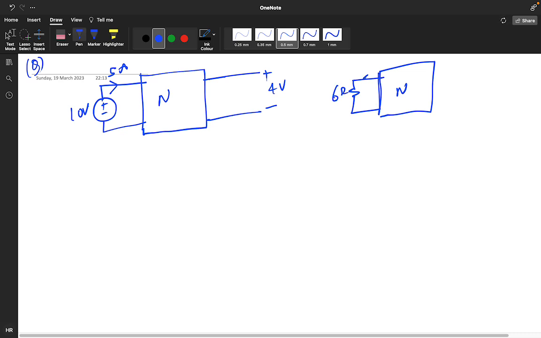You have a 6 ohm, this is 6 ohm. This particular I you need to find when you have a current of 10 ampere. So how will you do it, and how will you get the value of this network? You have to solve like this. So see the solution.